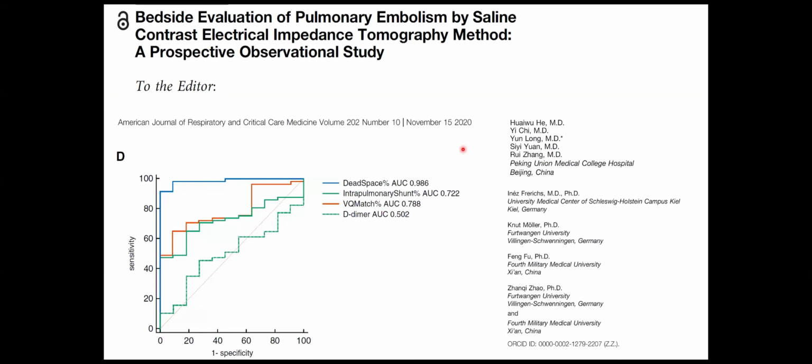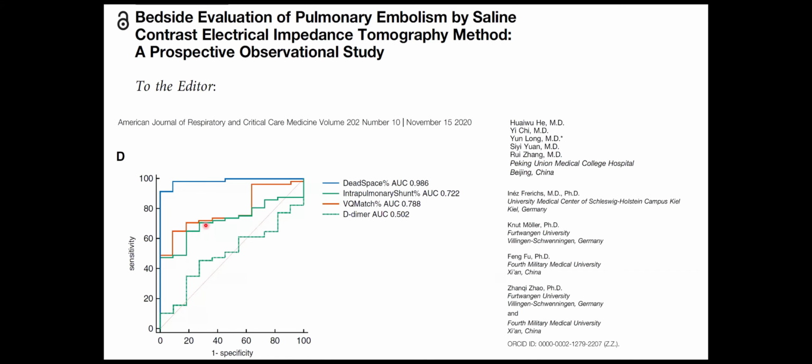Some other researchers have already addressed this problem, and this is a paper from Zhao, published in the American Journal of Respiratory and Critical Care Medicine, the Blue Journal, in 2020. And he also had a good ROC curve to detect pulmonary emboli, but in this particular publication, the number of positive or negative cases was much lower than in our case, and there was no use of artificial intelligence or logistic regression to analyze the image.